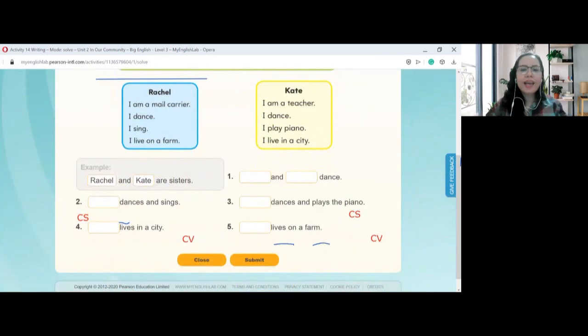On the last activity 19, on this page 20, it does not exist on my screen. You have to write about you. Yeah, I blank and blank in the evening. Continue. You have to create your own story, yeah, using compound subject or compound verb. All right?